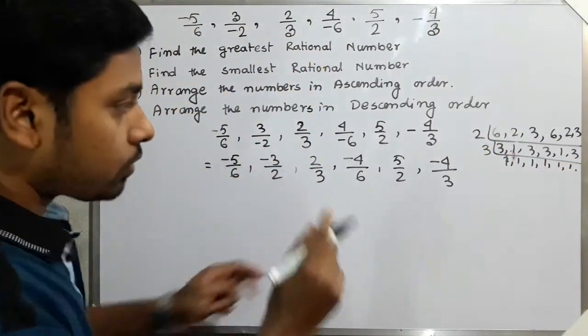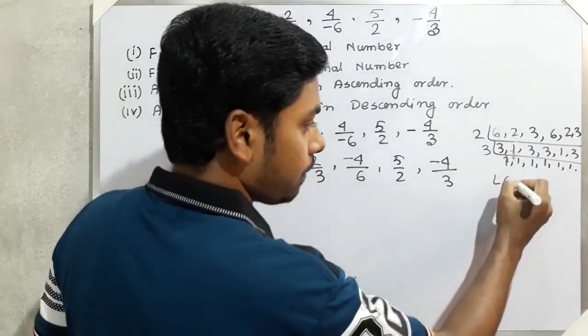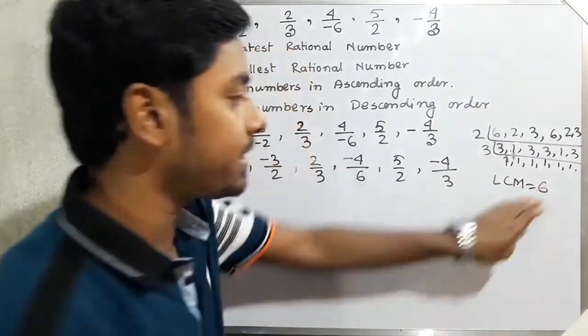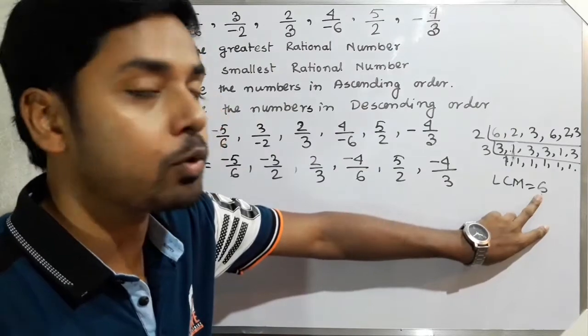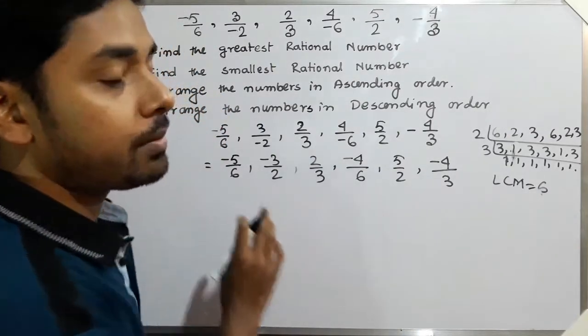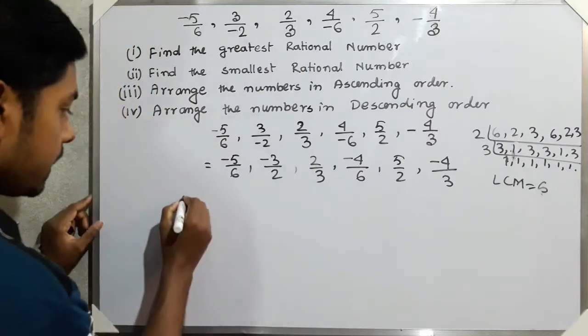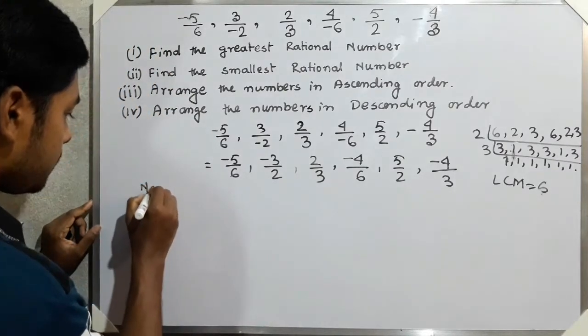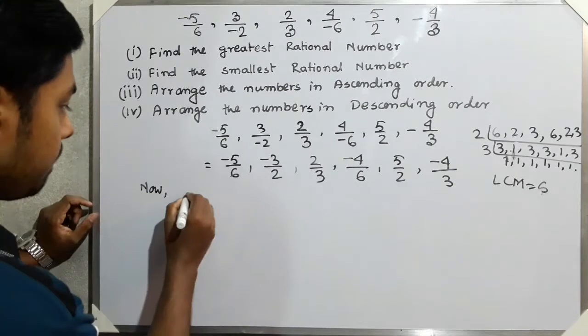So what do we have to do now? We have got the LCM, 6. Now this LCM we have to multiply by each and every rational number.